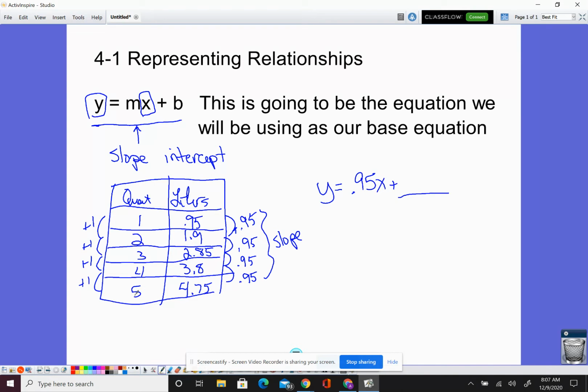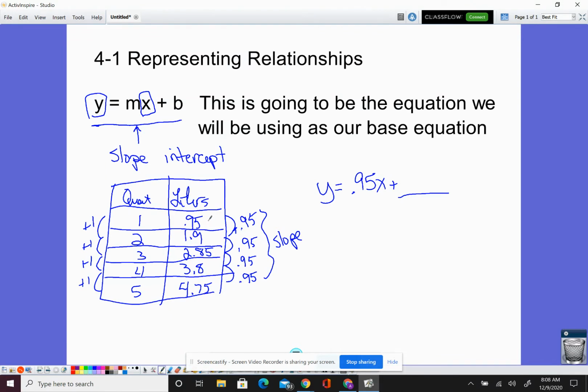If I look at this progression, but I go backwards, and I say starting at 5, it's 4.75, I would have to subtract 0.95 to get to the previous one. So 4, 3.8, subtract 0.95, 3 quarts is 2.85 liters, subtract 0.95, 2 quarts is 1.9, subtract 0.95, 1 quart is 0.95.